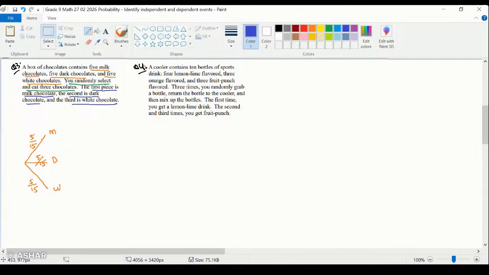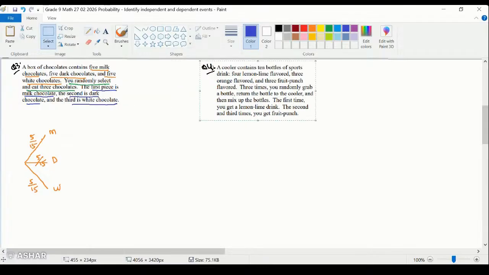Okay, let's see what the tree diagram would be. This is without replacement, obviously, right? Because you're eating. You ate 3. So if you are eating a chocolate, you cannot replace the chocolate, right? So first one was a milk chocolate. If you took 1 milk chocolate, then what can you eat next? You can still eat the milk chocolate, a dark, or a white.